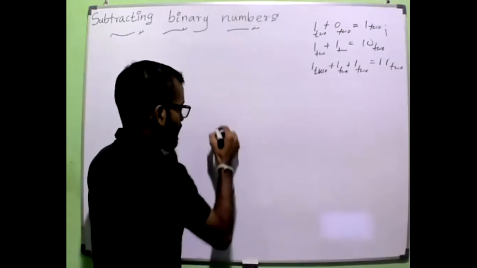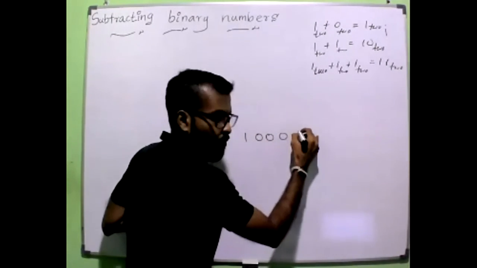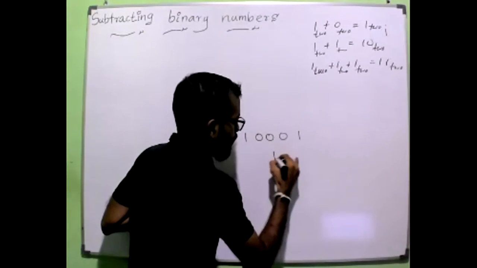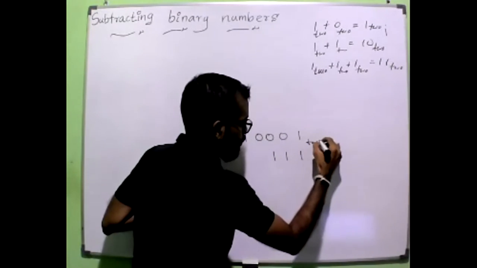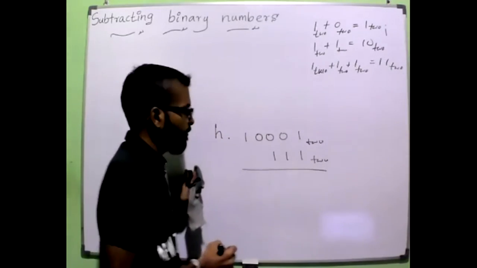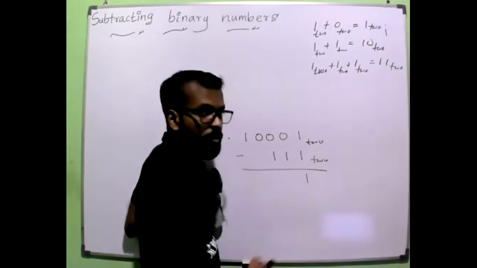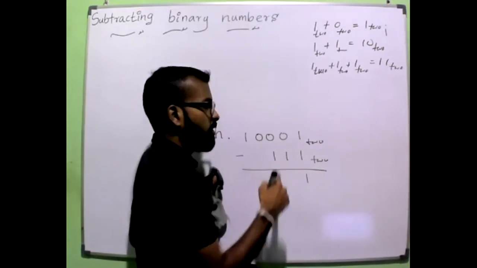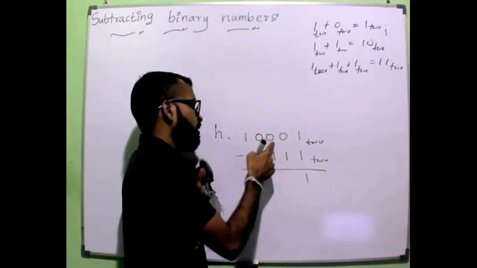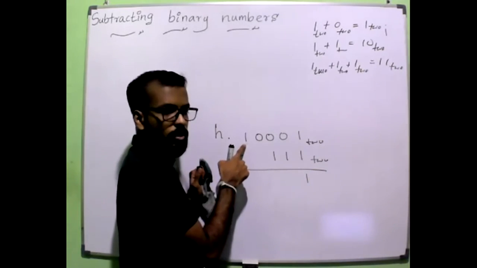So 1 0 0 0 1 1 1 1 in base 2, right? Subtraction: 1 minus 1. Then 0 minus 1, you cannot do that. Here you have 0, here you have 0, but here you have 1.